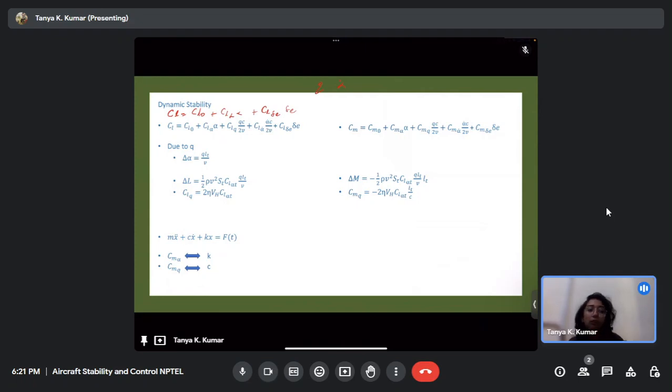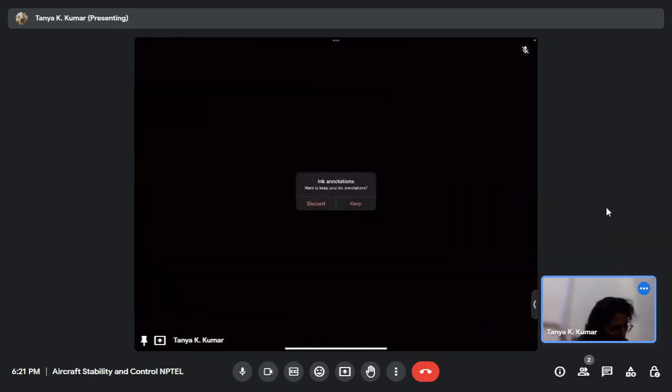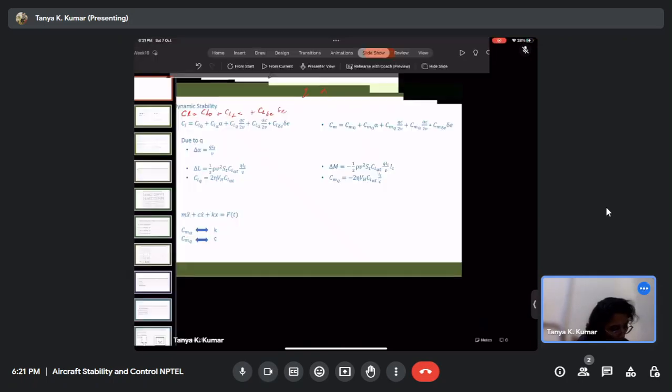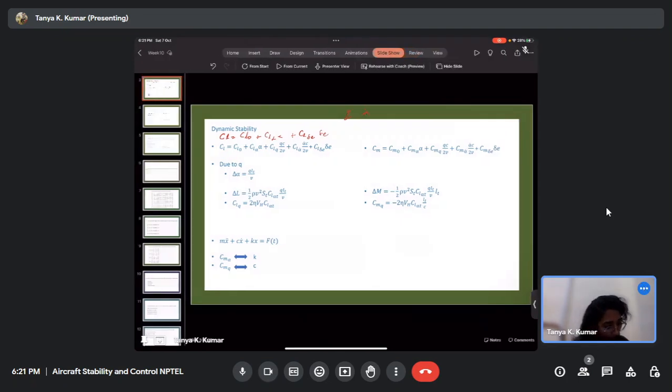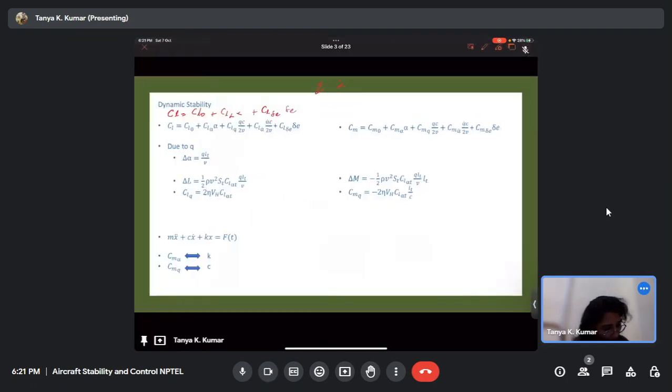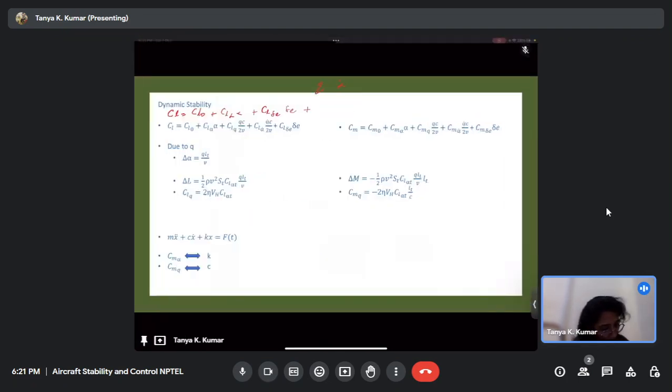Ideally, if you're going according to the same expansion, what we should have got is CLq into q. But you can see the term here is different. Why is it different? We had dealt with this extensively before.